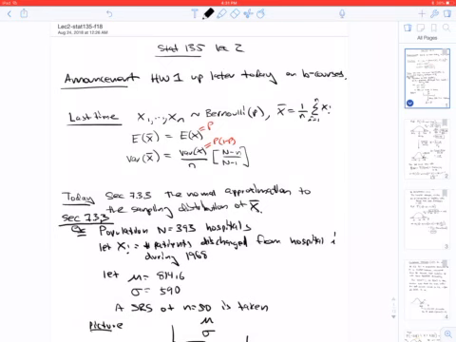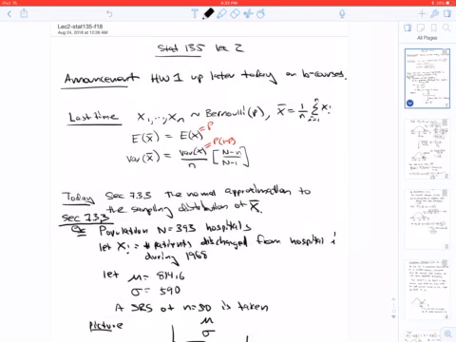The expectation of the sample mean is the expectation of x. Actually, we'll show that a little bit later, but perhaps that's obvious. And the expectation of x is p, a property of Bernoulli. The variance of x bar we showed is given by the formula here, with the correction factor at the end.